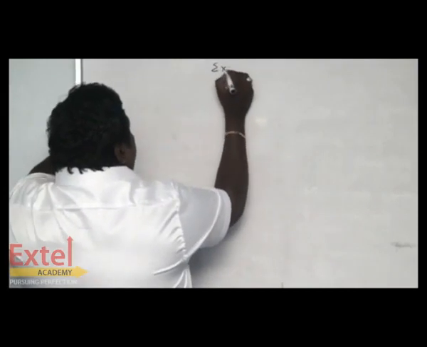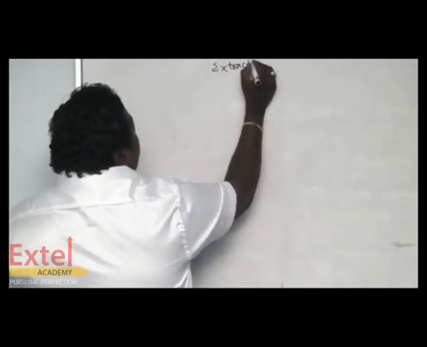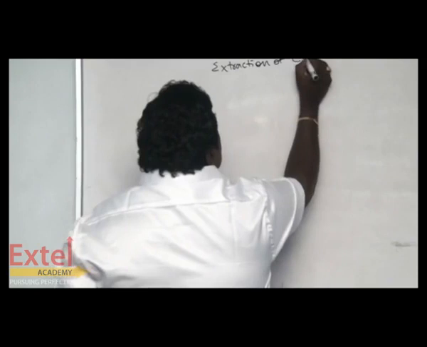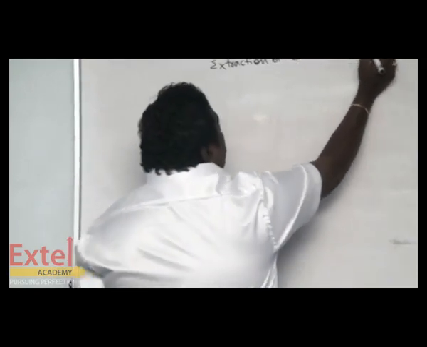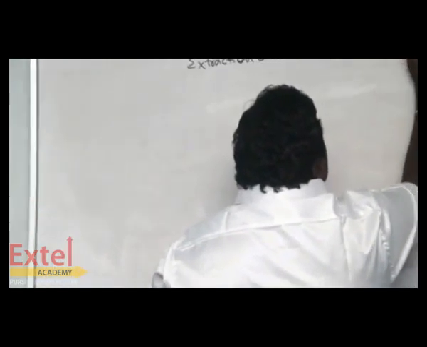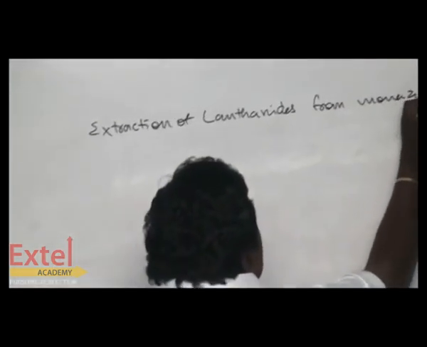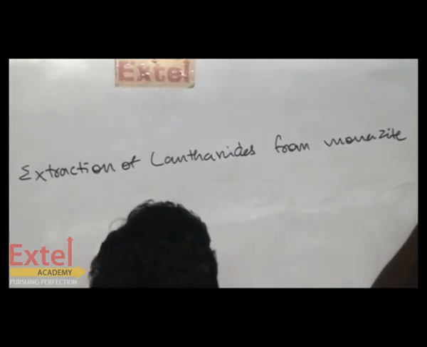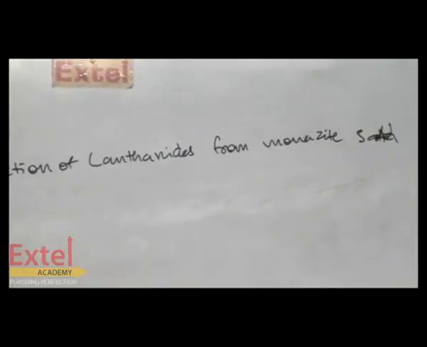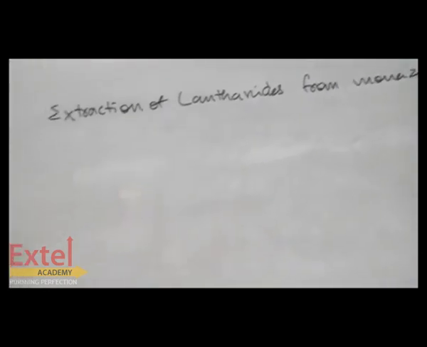So, extraction of lanthanide from monazite sand. Monazite sand is an oxide basically. So it is concentrated by the gravity process.